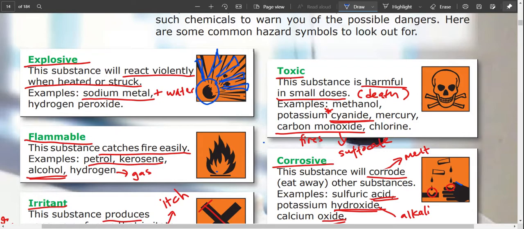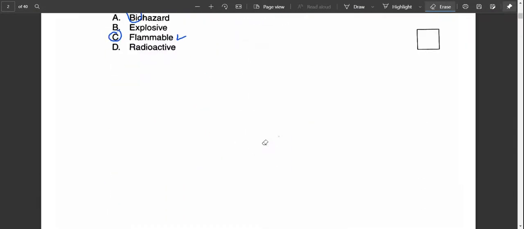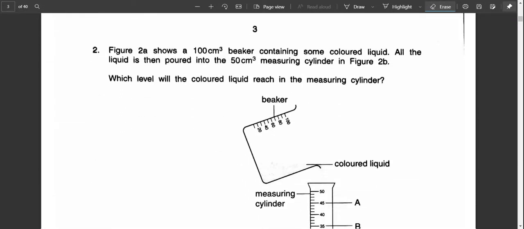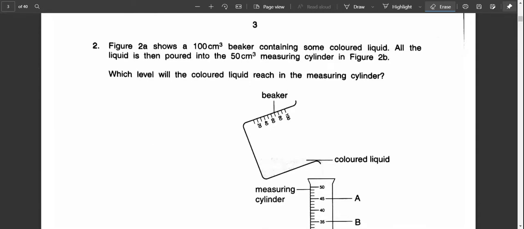Okay, let's continue with the question. Question number 2. Figure 2a shows a 100 cubic centimeter beaker containing some colored liquid. Take note, you have to pay attention to figure 2a, and you're using a 100 cubic centimeter beaker filled with some colored liquid.